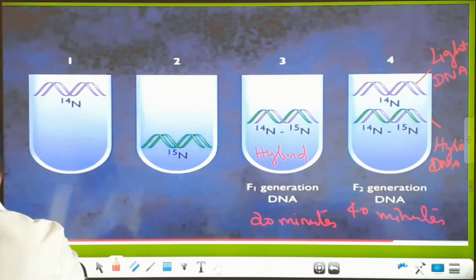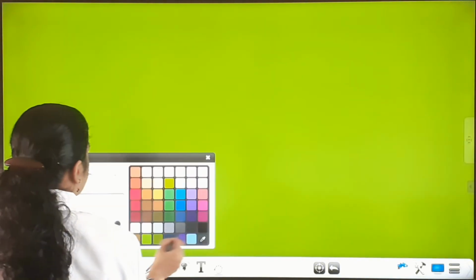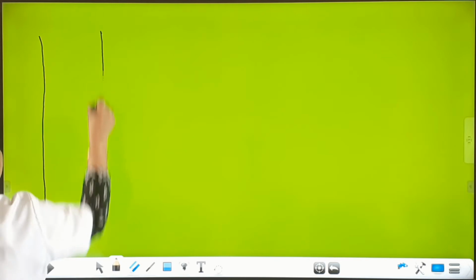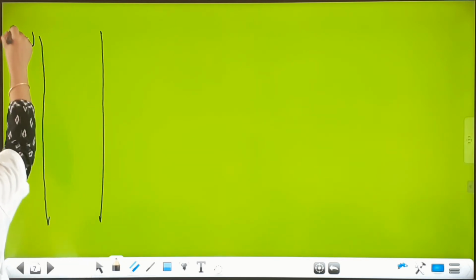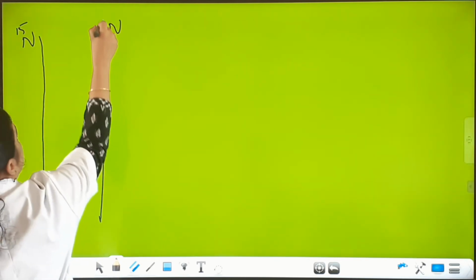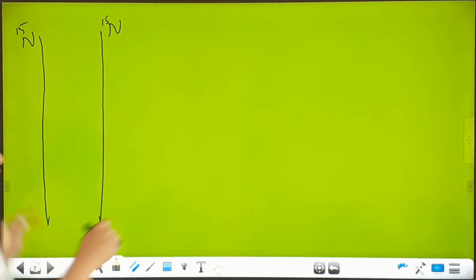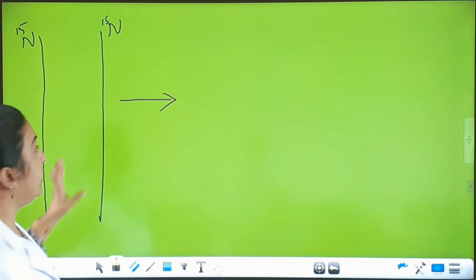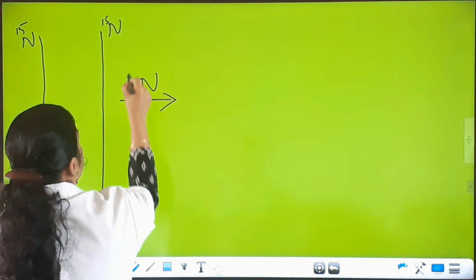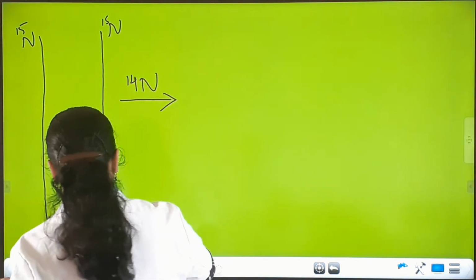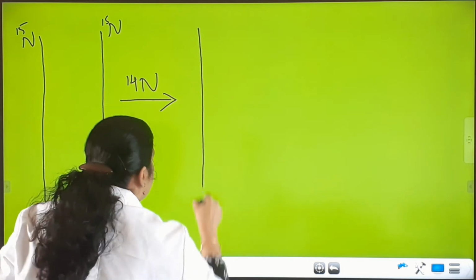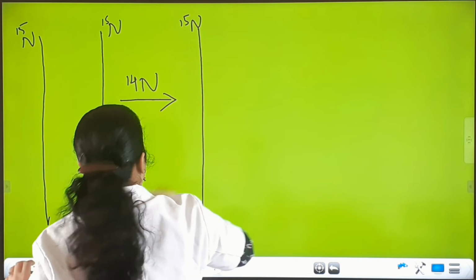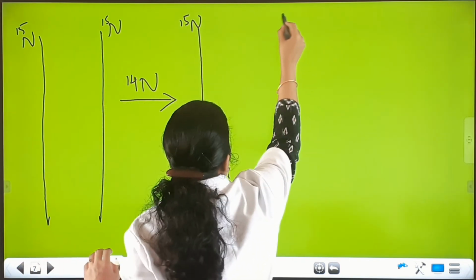Okay. So first we can see the N15. When it grows in the medium containing N14, what will happen? This strand which contains N15 gets incorporated. I'll show you that.